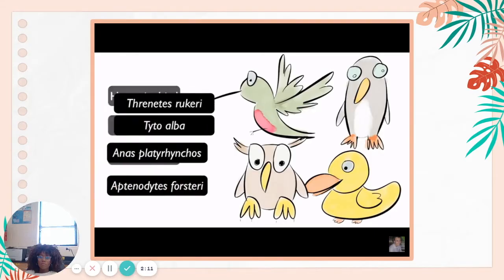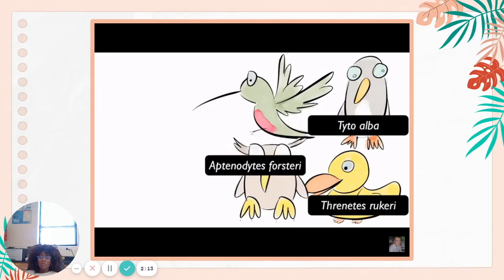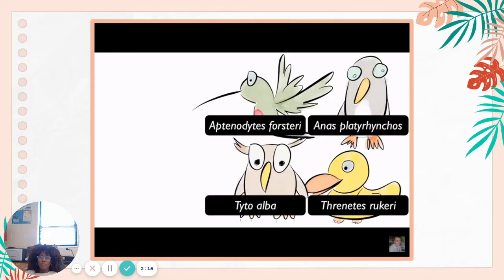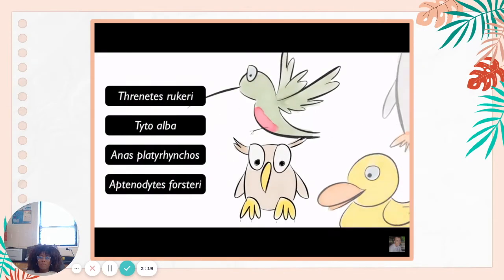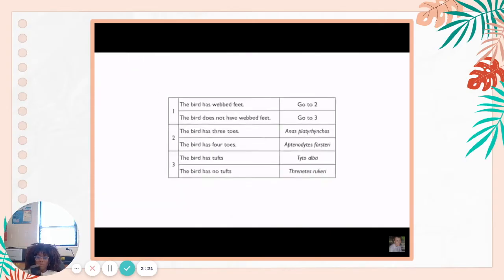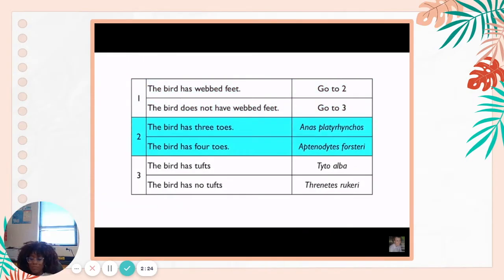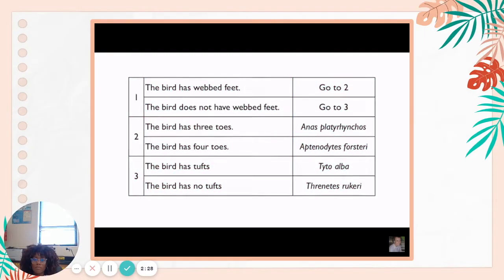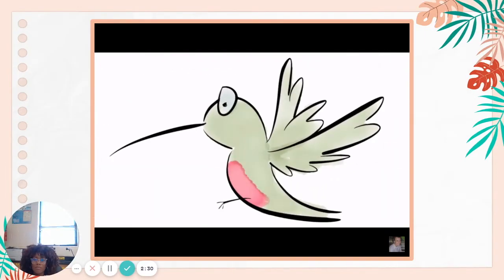You wouldn't know the scientific name of these birds just by looking at them. Scientists have figured out a way to make a chart to help you better identify birds based on their characteristics. The chart is called a dichotomous key. Reading a dichotomous key is easy.